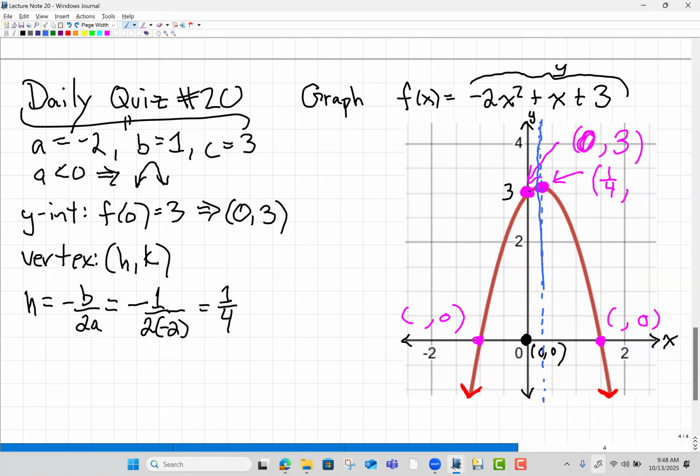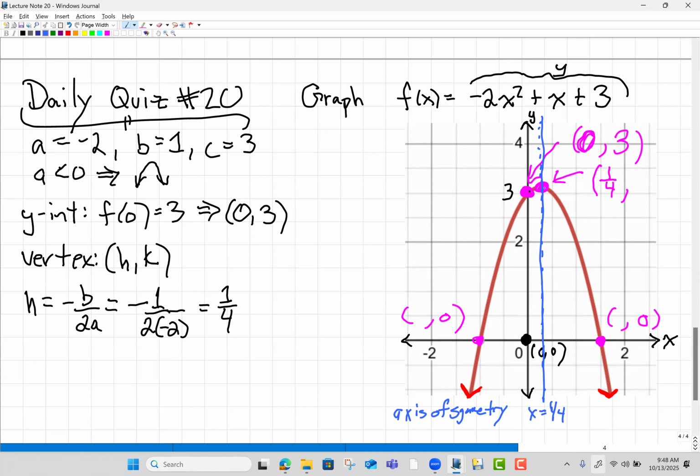Every single point on this dotted line has an x value of 1/4. This dotted line is called the axis of symmetry. Why? Because if you fold this over this line, it will match up. Fold it in half and it matches.